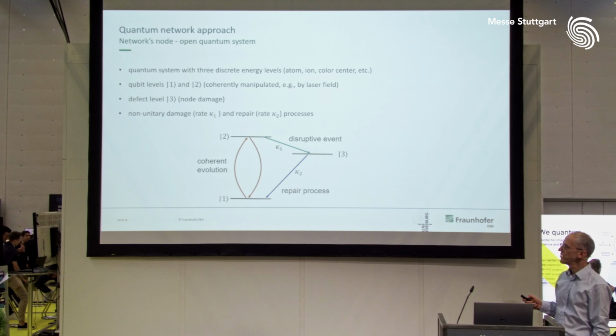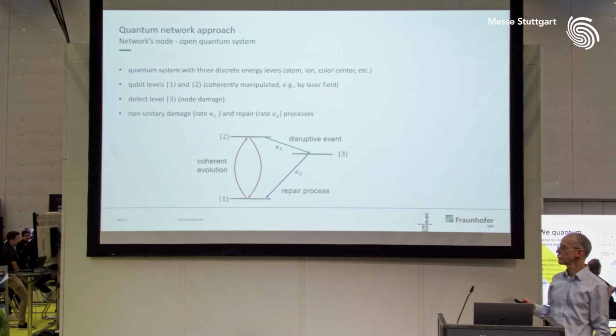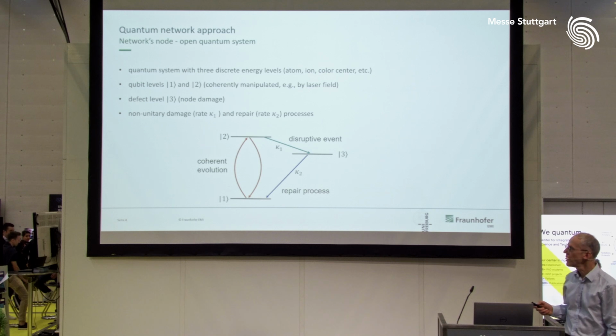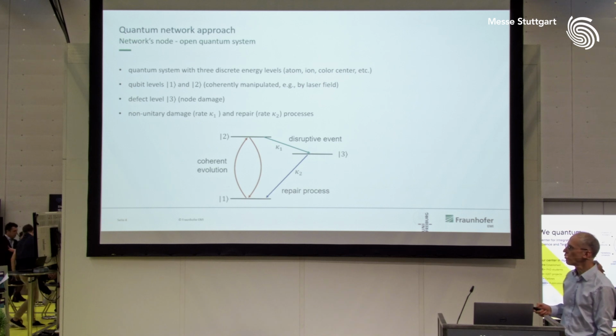This disruptive event happens when there is a transition from level 2 to level 3, an incoherent, irreversible transition with a certain rate kappa 1. And we also incorporate into our model the possibility of node reparation as a result of another incoherent process with rate kappa 2, the transition from level 3 to level 1.